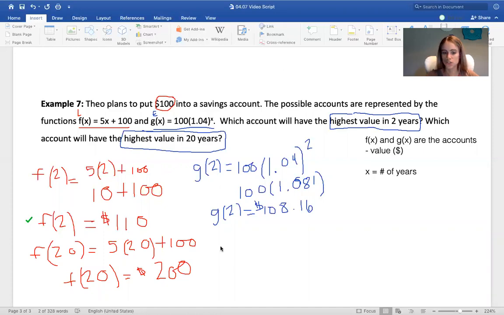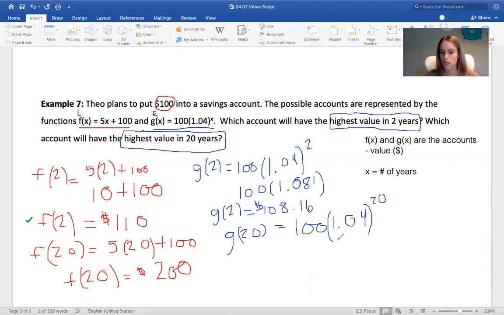Let's check out the exponential one. G of 20 equals 100 times our growth factor. What is our growth factor? Yeah, 1/400, or 0.25%.